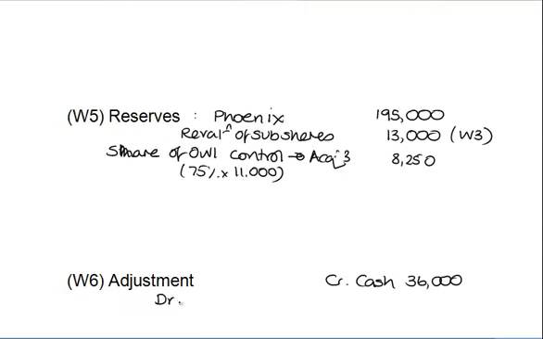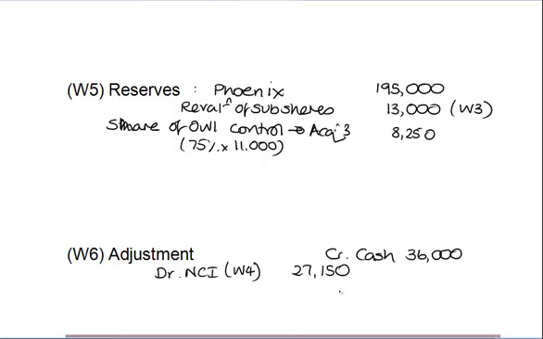That also goes into my adjustment calculation. So here I'm going to debit the NCI. I picked that up from working number 4. 27,150. Looking at this adjustment, it doesn't balance. The only way I can get it to balance is to debit group reserves with the balancing figure of 8,850.